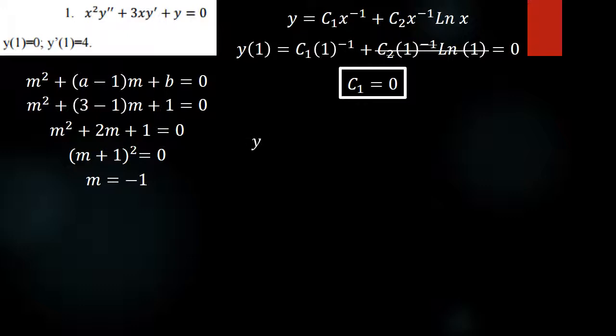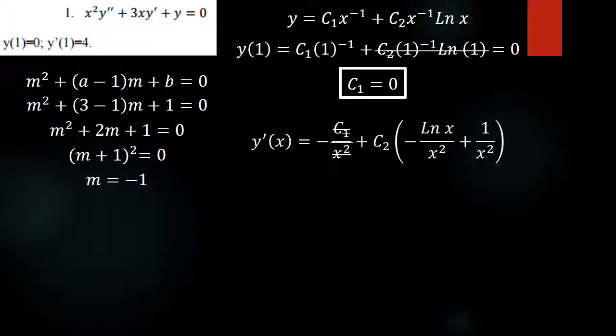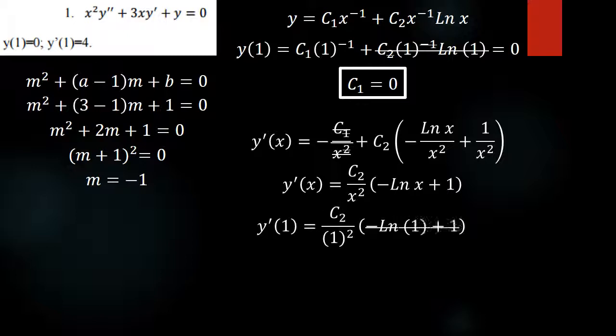We obtain c2 multiplied by minus natural logarithm of x divided by x squared plus 1 divided by x squared, and we reduce the derivative a little. Then we substitute the value of x by 1, and this equation is equal to 4, and we can solve the equation, and the result is that the value of c2 is equal to 4.